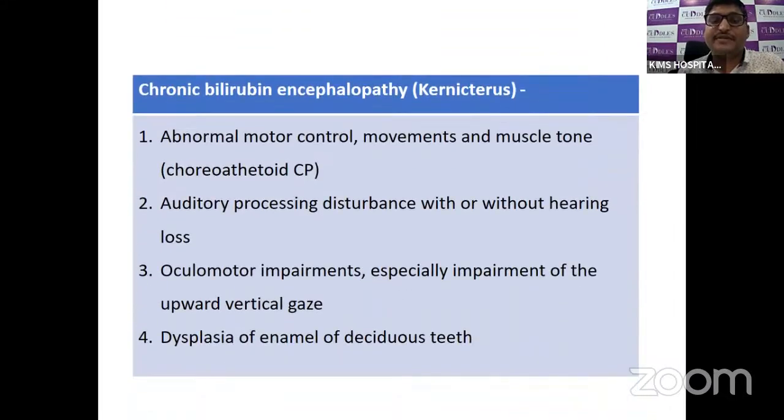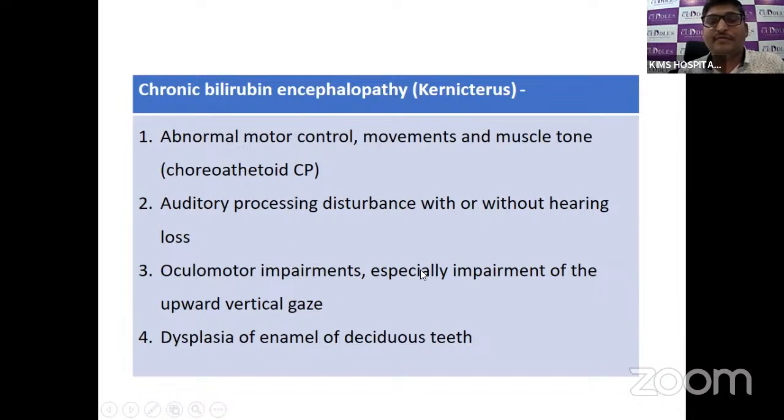It is manifested by a tetrad of any one or more of the four. First, abnormal motor control or movements and muscle tone, commonly choreoathetoid CP. The second is auditory processing disturbance with or without hearing loss. Other components are oculomotor impairments, especially impairment of the upward vertical gaze, and dysplasia of the enamel of deciduous teeth.